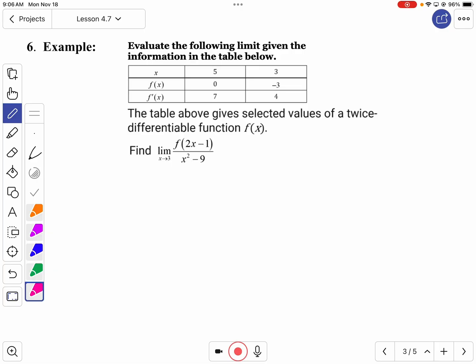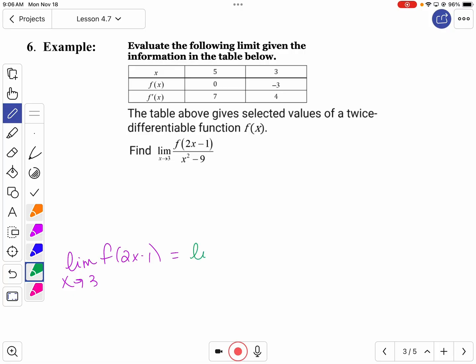Because we want to do the limit as x approaches 3 of f of 2x minus 1. I'm going to physically evaluate that limit for a second since I've got a table.